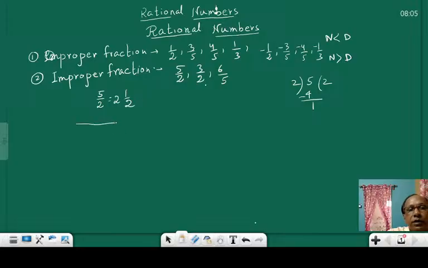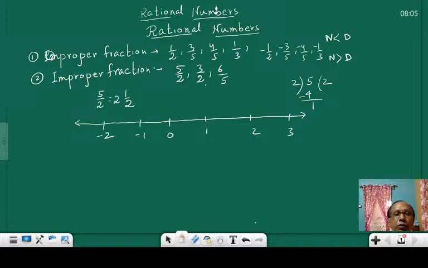And this can be represented in this way: suppose this is a number line, this is 0, 1, 2, 3, and this is minus 1, minus 2, right. Now the number is 2 whole 1 by 2, and between 2 and 3 we can divide it into two parts. This one is 2, and this one represents 2 whole 1 by 2, right.